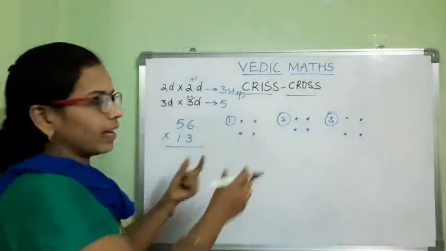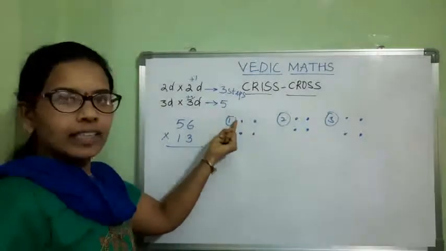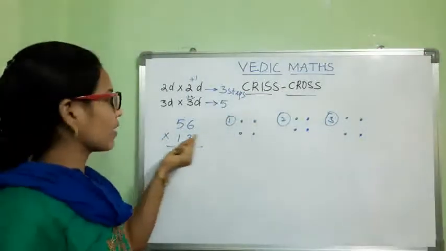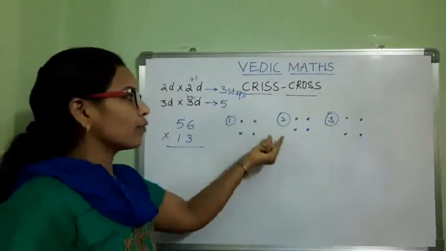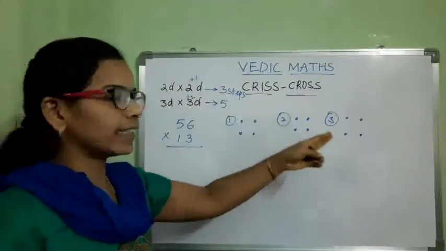Here these two are considered as 5, 6 and these two as 1, 3. For the steps only I have drawn 3. We need 3 steps, so I have drawn 3 times.